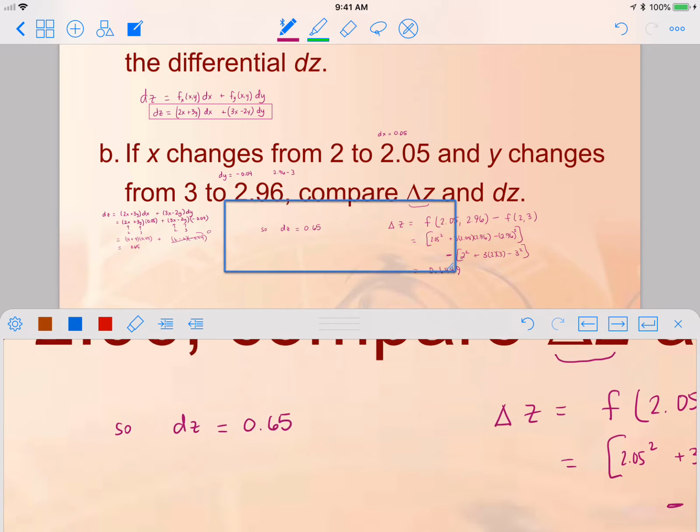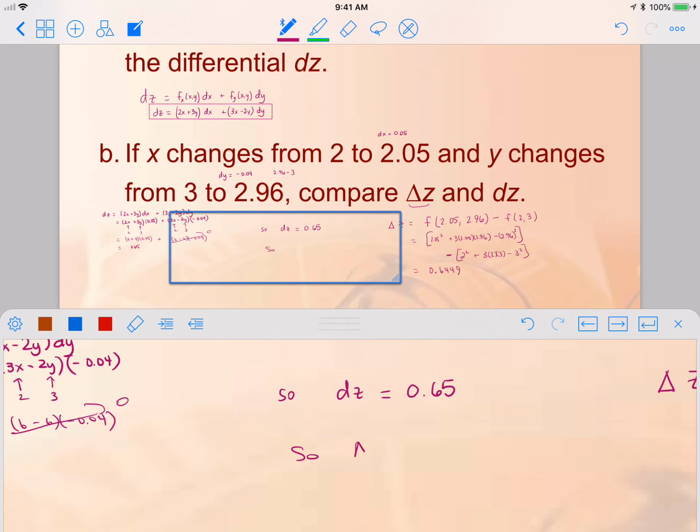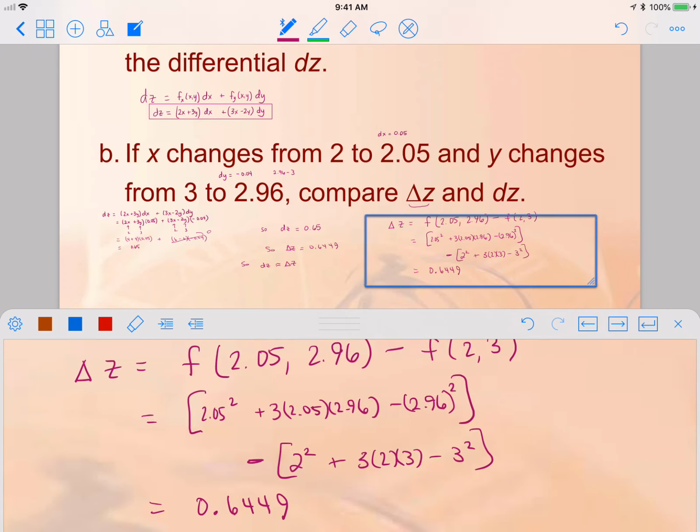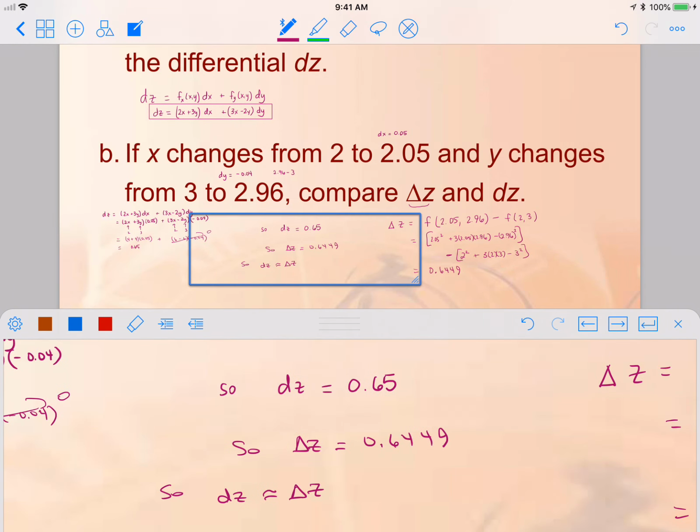Okay, so our increment in z is 0.6449. They're pretty close. So dz is pretty close to the increment, but it was a lot easier to compute the differential. Right?